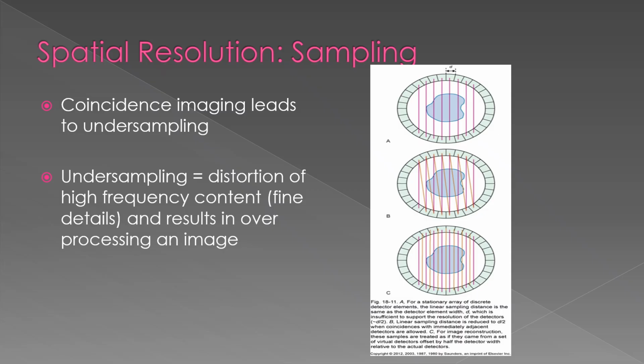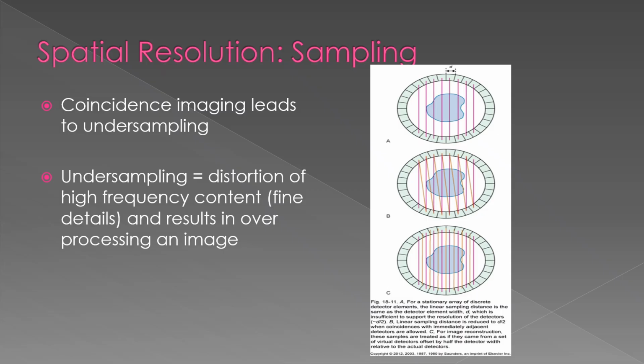So this is just showing you, for A, a stationary array of discrete detector elements, and there's a linear sampling. In B, the linear sampling distance is reduced when coincidence in immediately adjacent detectors is allowed. And then for C, for image reconstruction, these samples are treated as if they came from a set of virtual detectors.